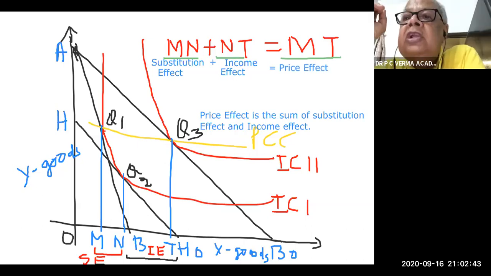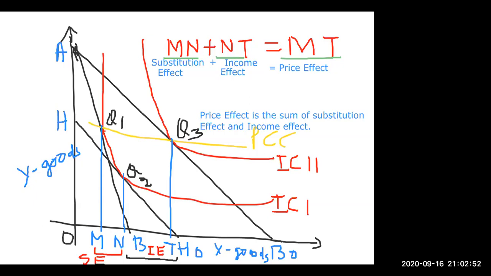MT is the substitution effect, NT is the income effect, MT is the price effect. Am I clear to you, Shravani? Yes, sir. I have sent you.